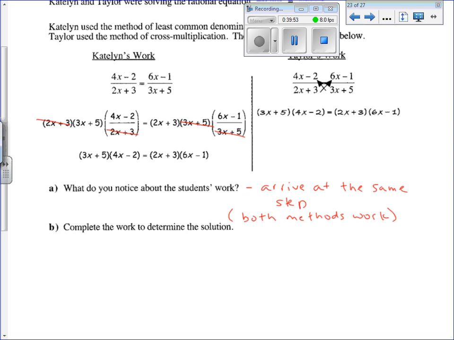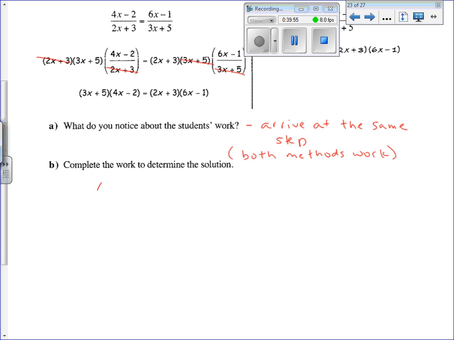So we're just going to try this one, because initially this looks a little bit hairy because of all the binomials that we have to FOIL. But it's not as bad as you think it's going to be.